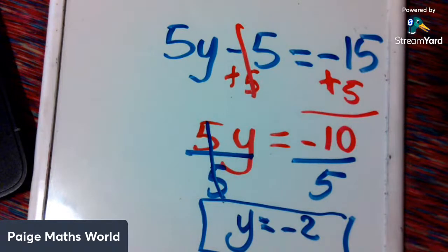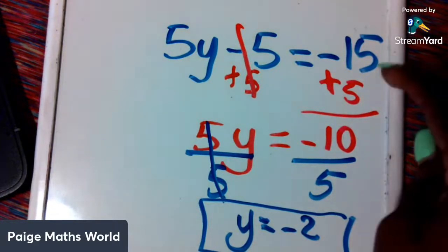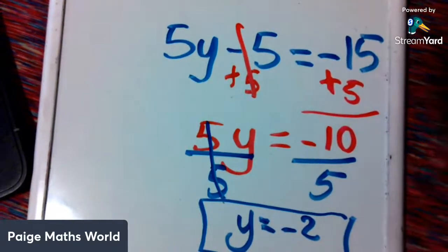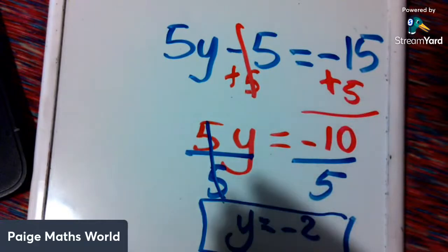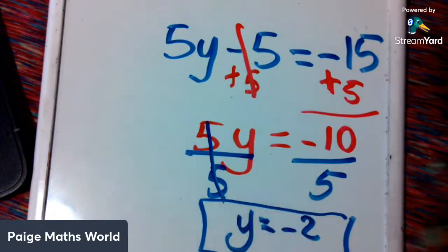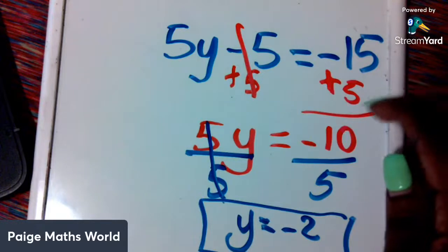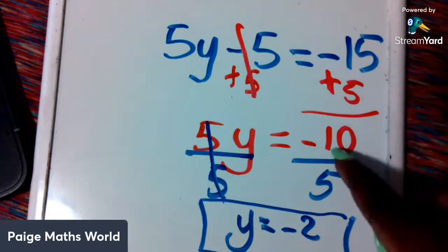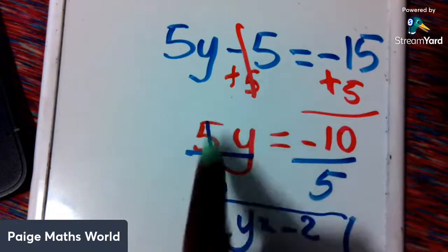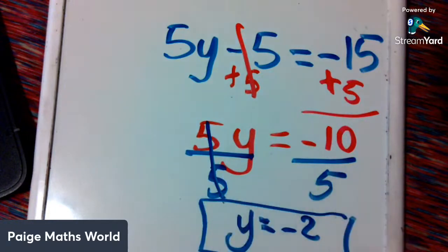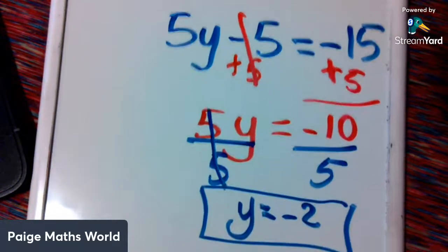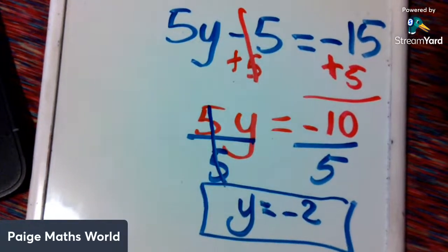So you have to think of it that way. Think of it as you owing somebody $15. The addition means you have $5 now. You got $5 as a pay. When you pay back the person the 5 out of the 15, you're still going to owe them 10. And so we're dividing both sides by 5. -10 divided by 5 gives us -2.